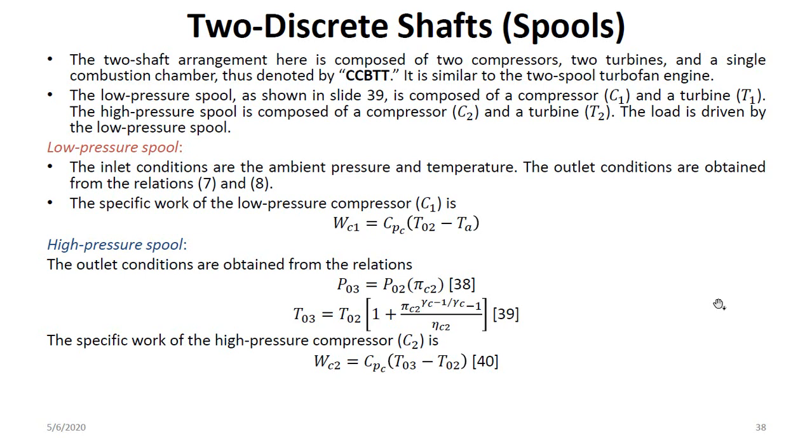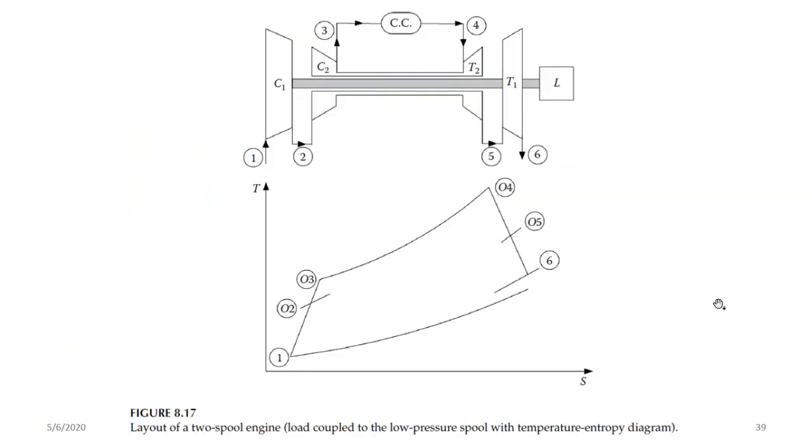So the low pressure spool shown in the next slide is composed of a compressor. So this is two discrete shafts. So look at this sketch, you've got two compressors and two turbines. And in between the second compressor and the second turbine, there's the combustion chamber.